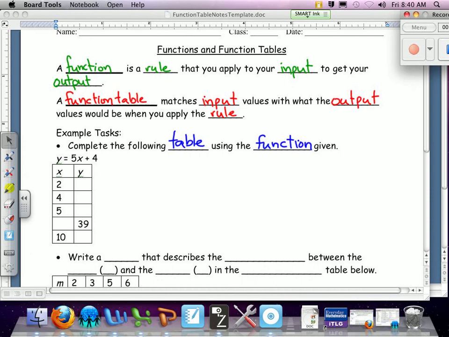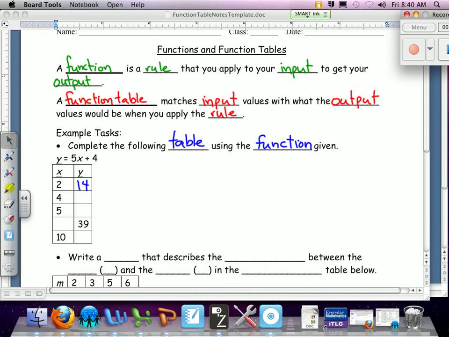So I'm going to plug in a 2. I'm going to do 5 times the 2 plus the 4 to get what for my first y value here? Yep. 14. For the next one, I'm going to plug in the 4.